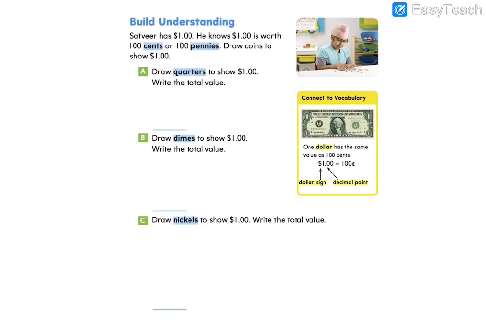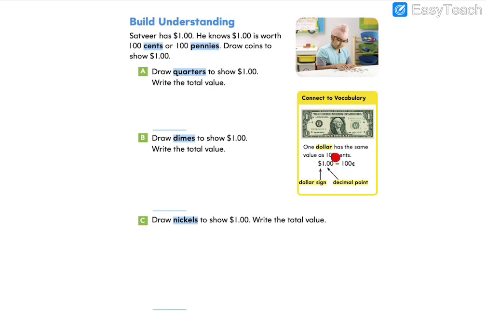Let's look at our build understanding. Satvir has $1. He knows $1 is equal to 100 cents or 100 pennies. Draw coins to show $1. Let's look down here at our vocabulary. It shows us that $1 has the same value as 100 cents.